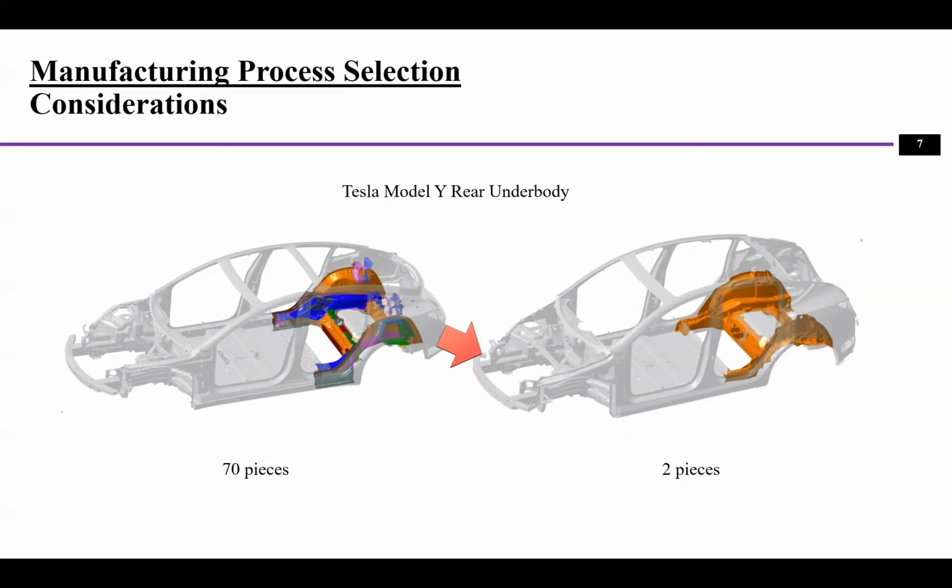Another consideration you may want to think about is the number of work pieces and also the design of it. For example, this is the Tesla car, and this is the rear underbody. The original design has 70 pieces. After revision, or making a change of the process, they actually make it as 2 pieces.